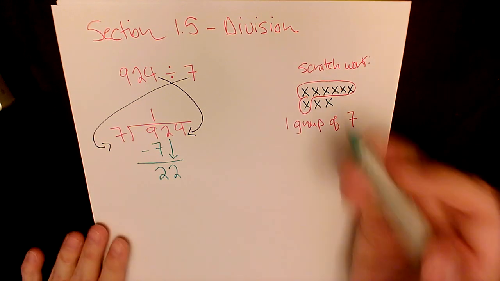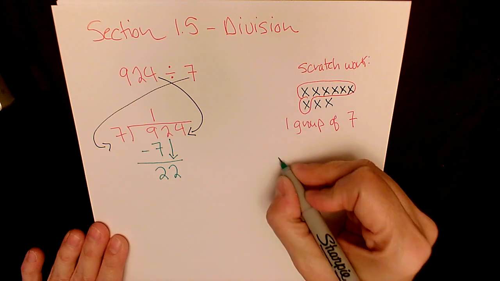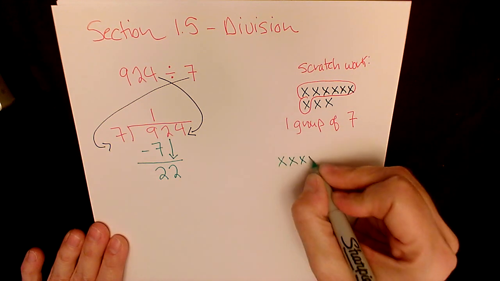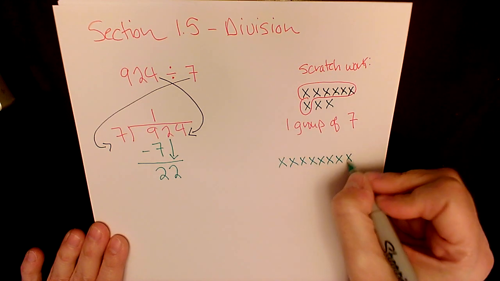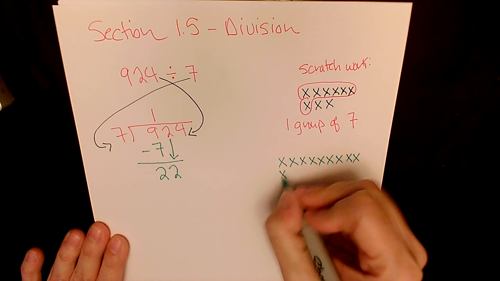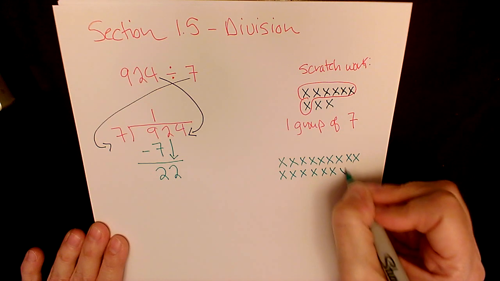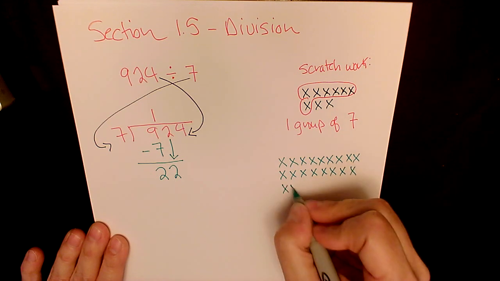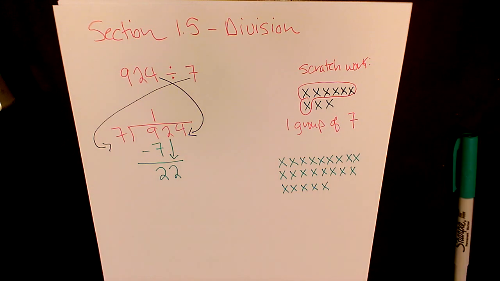So I'm going to draw 22. 1, 2, 3, 4, 5, 6, 7, 8, 9, 10, 11, 12, 13, 14, 15, 16, 17, 18, 19, 20, 21, 22. Okay?